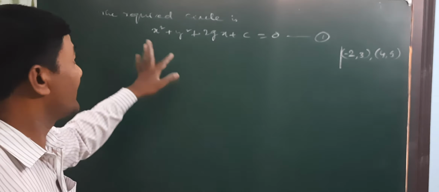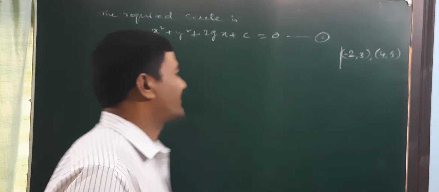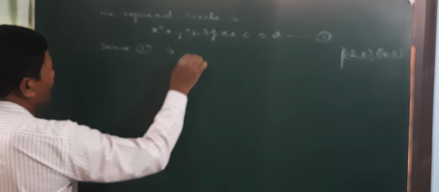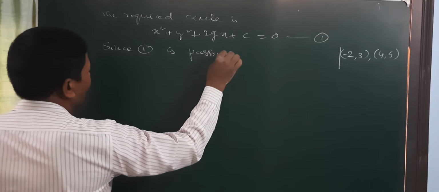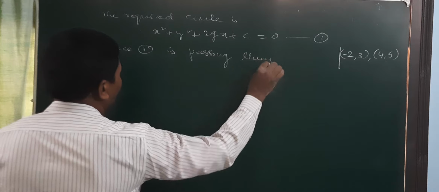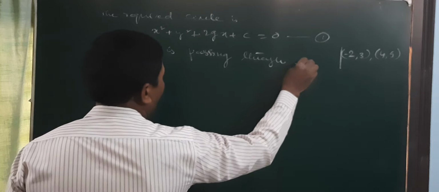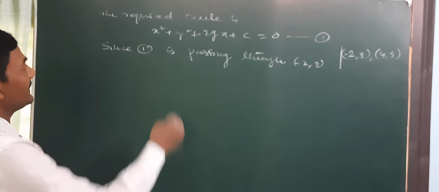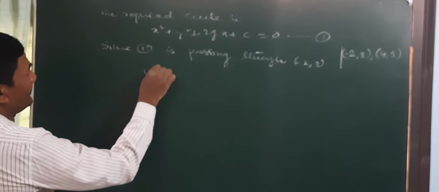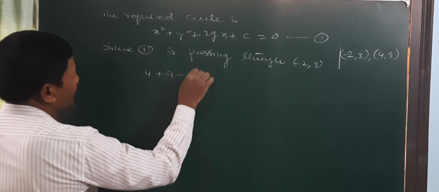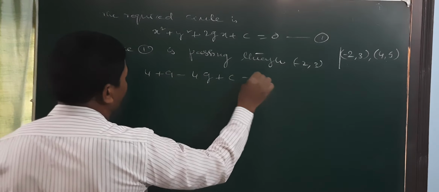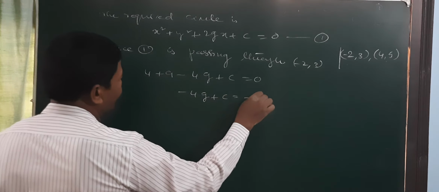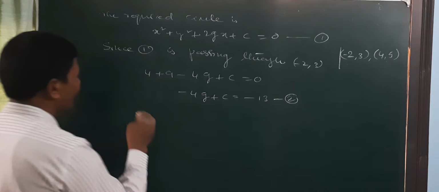Now the equation of the circle passing through these 2 points. Since it is passing through minus 2 comma 3, just replace x with minus 2 and y with 3. This is 4 plus 9 minus 4g plus c is equal to 0, so minus 4g plus c is equal to minus 13. This is equation 2.